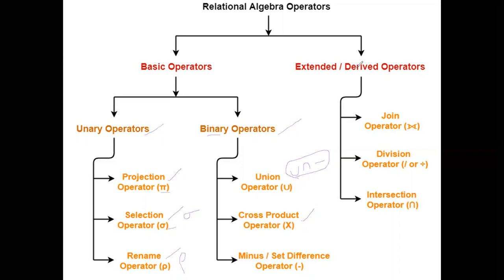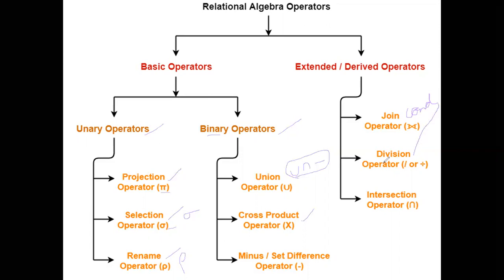The next category is extended or derived operators. The join operation is one of them. Join operators are the operators that we apply on two relations by using a condition, which we call the joining condition. We will see that with an example in the coming slides.